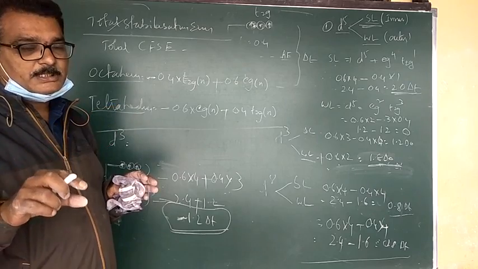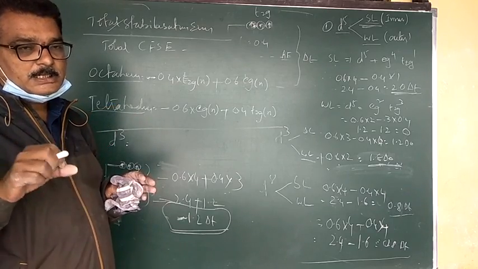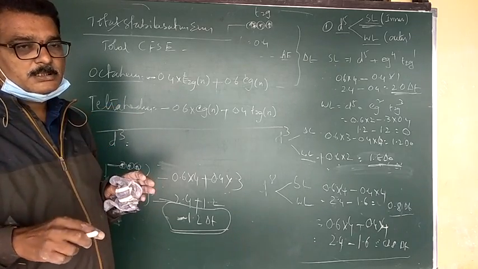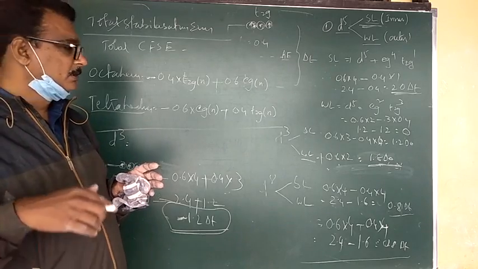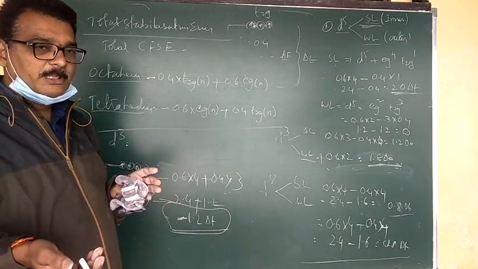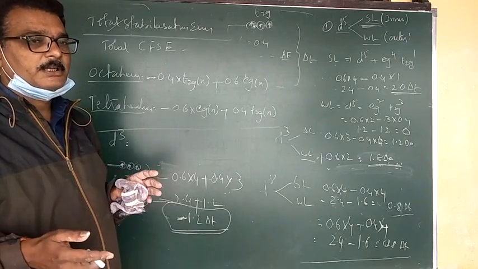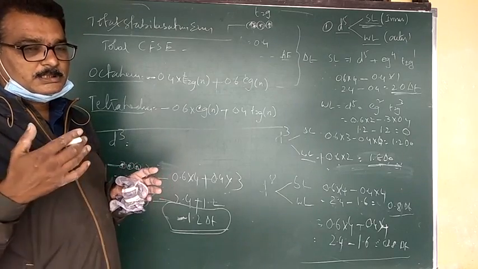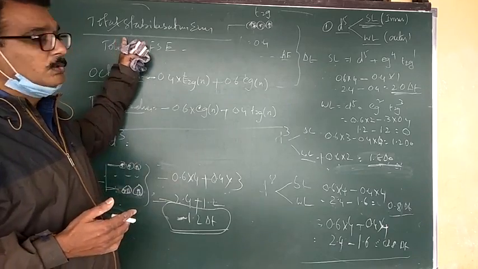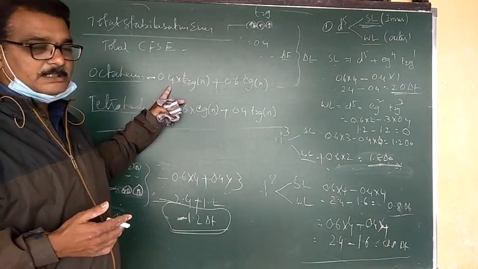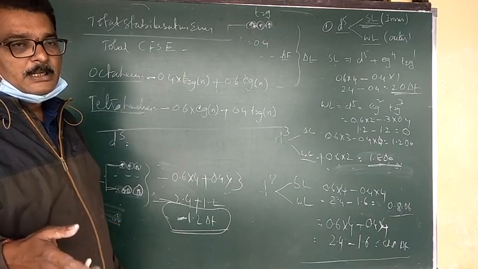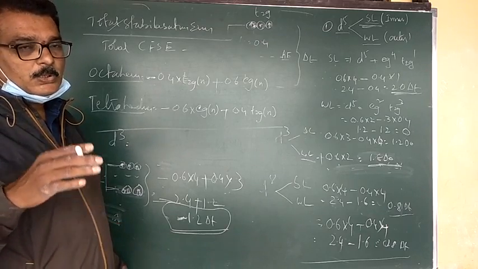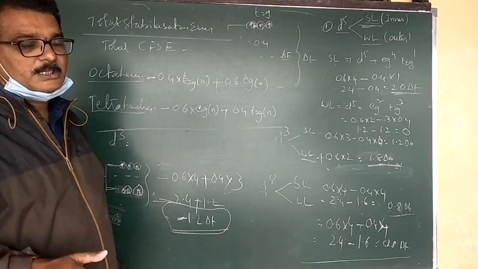That depends on the nature of the ligand, the charge and the size. A weaker ligand gives weaker crystal field splitting energy, and a stronger ligand gives stronger crystal field splitting energy. Based on this formula, you have to calculate the total stabilization energy for octahedral and tetrahedral.